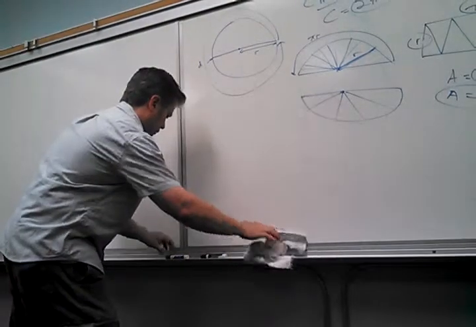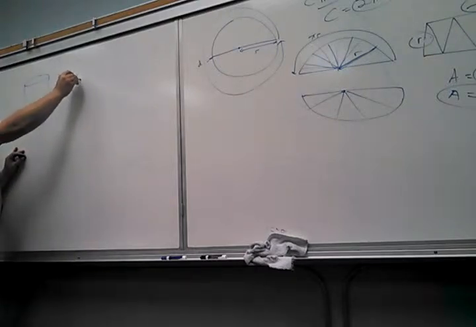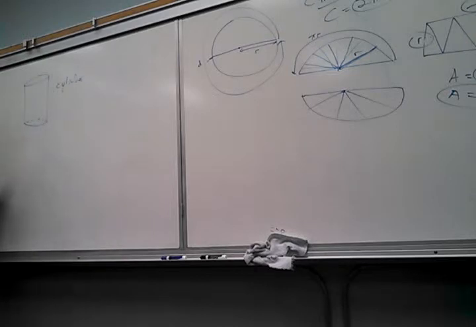Here's a shape that we see a lot. This is a cylinder. Very often you'll see this shape used on farms, for example, to keep grain and peanuts and so forth, because this circular shape will hold more stuff for less material outside.